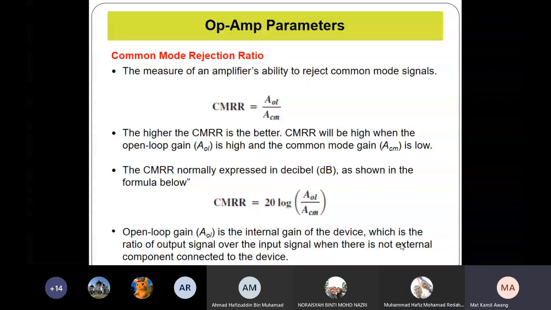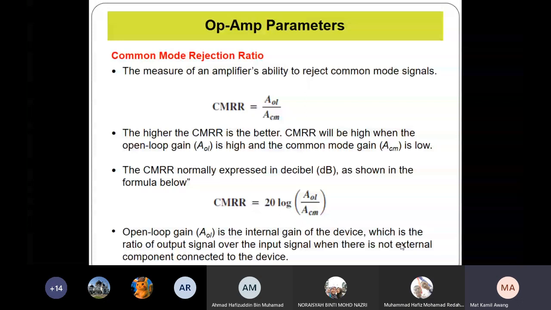The common mode signal should be 0, right? Because when you add the positive input and the negative input signals together, it should be 0. But because of the unwanted signal, sometimes it does not become 0. A good amplifier should be able to reject that, and that ability to reject is measured by the common mode rejection ratio, called the CMRR.